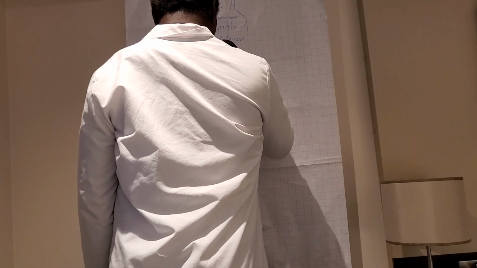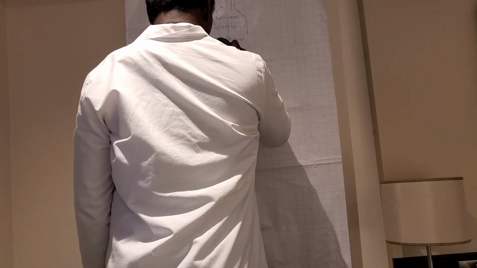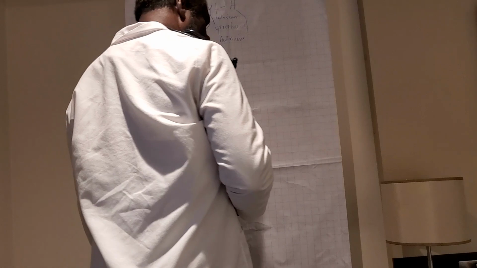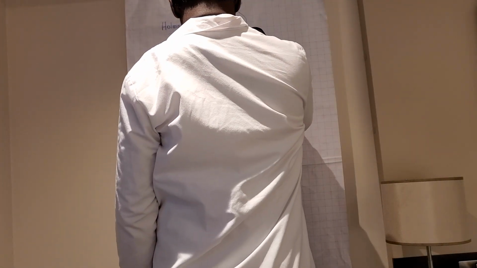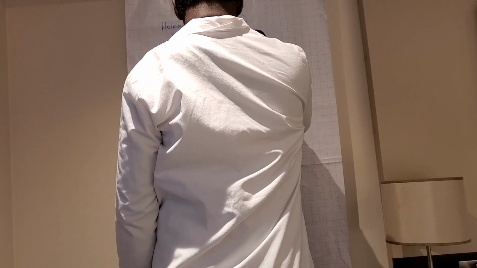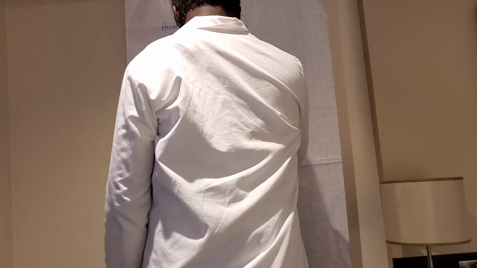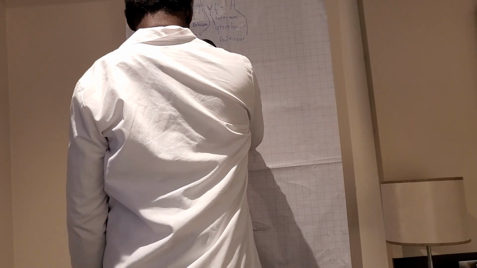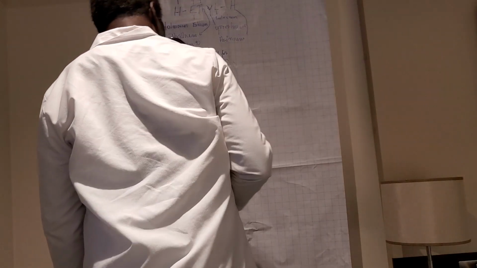Terbium and dysprosium. So 62, 63, is this 64? And 65. If this is 62, then this will be 61, and this will be 60. So a nice consecutive order of part of the Lanthanide series is now activated.